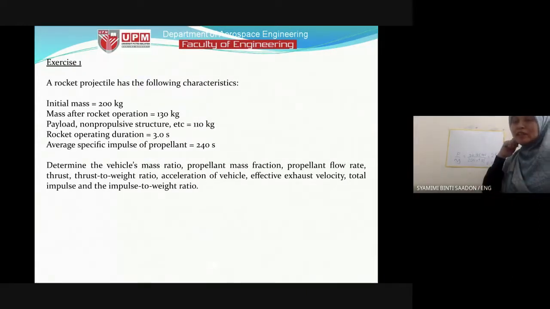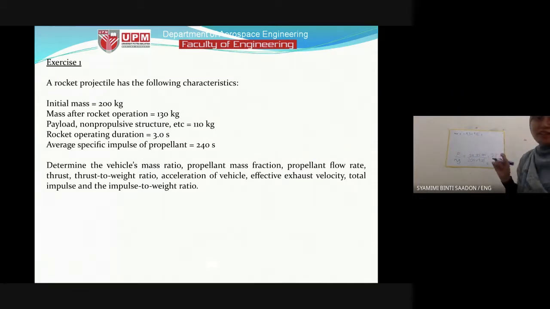So maximum acceleration, maximum a, is 43, the thrust to weight ratio, times again G, the gravity.